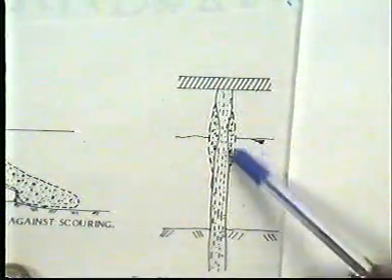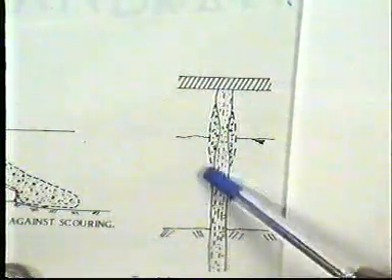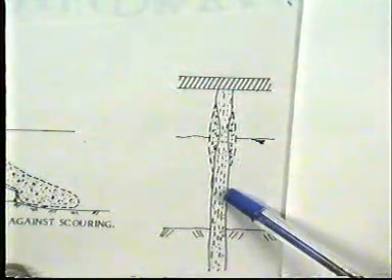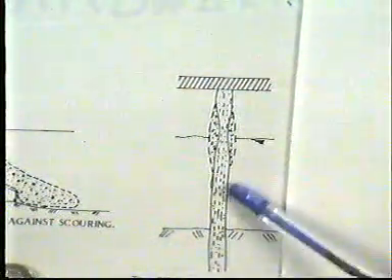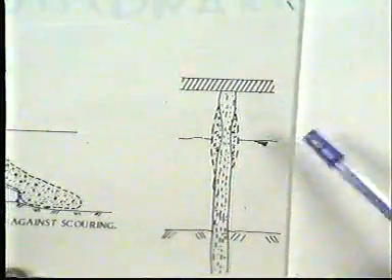So we can rectify this necking by providing a geotextile material. So here this geotextile material acts as a container.